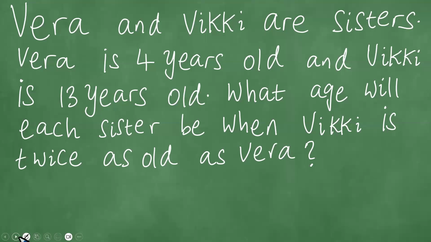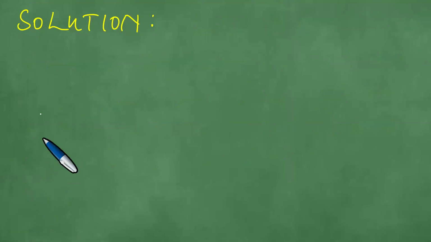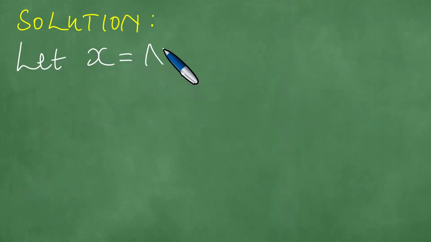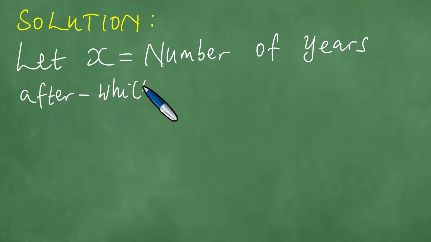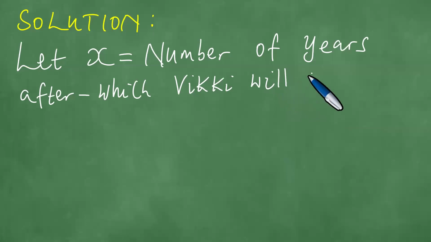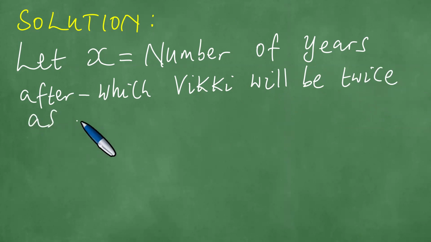And we proceed to present a solution to this particular word problem as follows. But first, we let x be equal to the number of years after which Vikki will be twice as old as Vera.